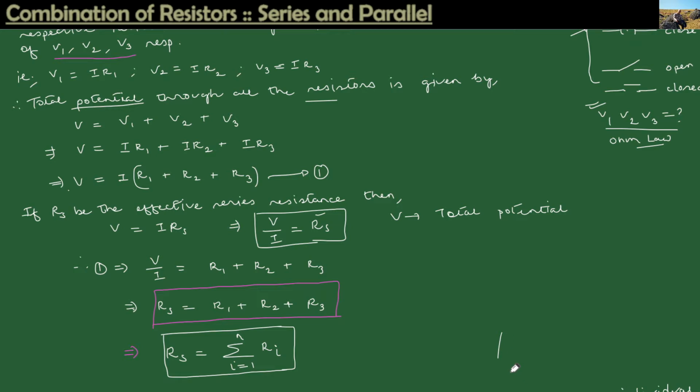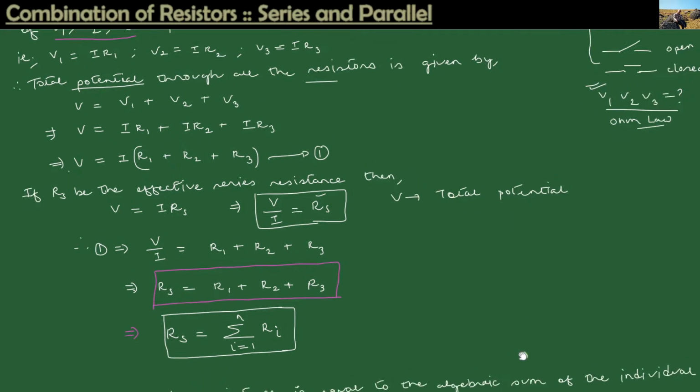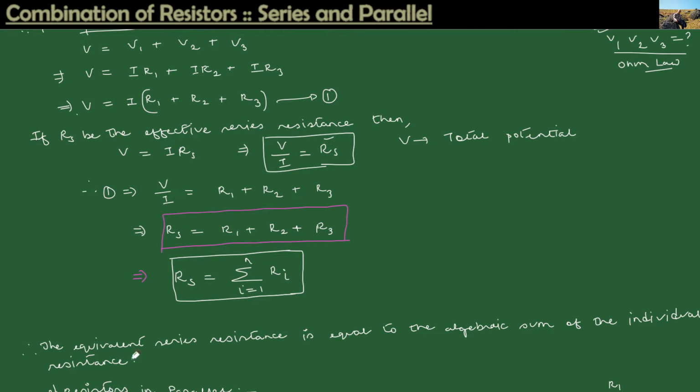Now from here we can come to the conclusion that the equivalent series resistance is equal to the algebraic sum of the individual resistors. This is the very important word, algebraic sum. Mind you, this conclusion is very important from the examination point of view.